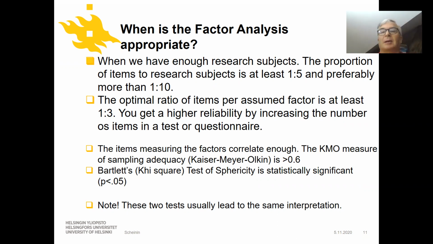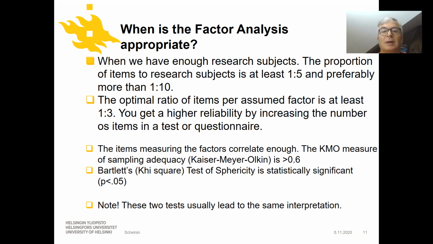When is it appropriate to use a factor analysis? Well, there are some restrictions. We should, first of all, have enough cases, research subjects. So the proportion of items to research subjects: how many research subjects should you have if you have a set of, say, 100 items?